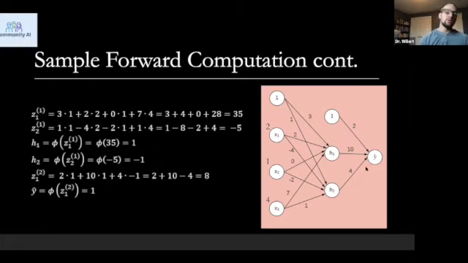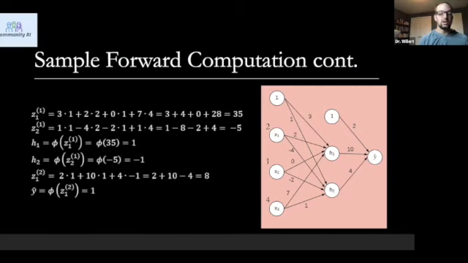And then we can compute Z12. So that's just going to be the value of y hat before we apply the activation function. And we have 2 times 1 plus 10 times h1. And from the previous computation, we said that h1 was 1. We have 4 times h2. And from the previous computation, we said that h2 is -1.